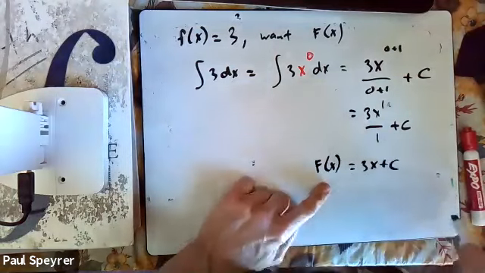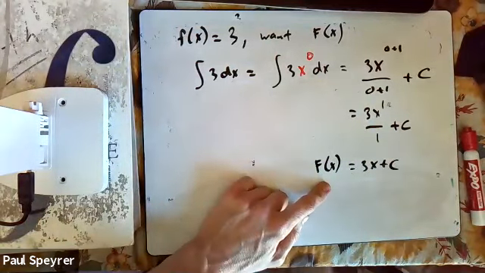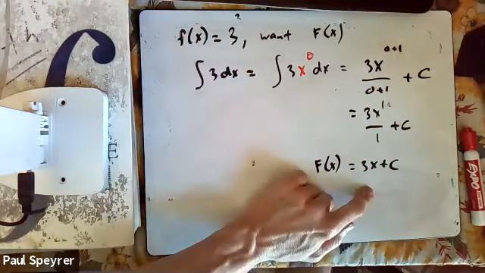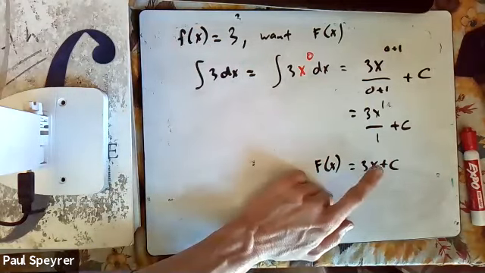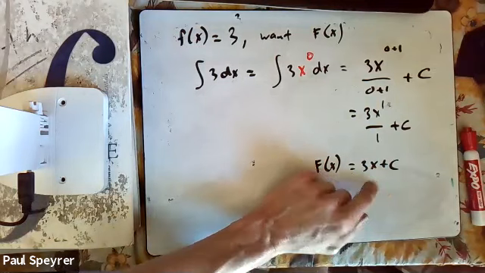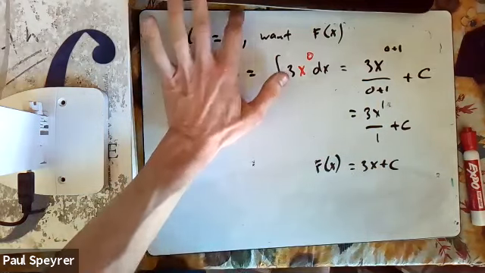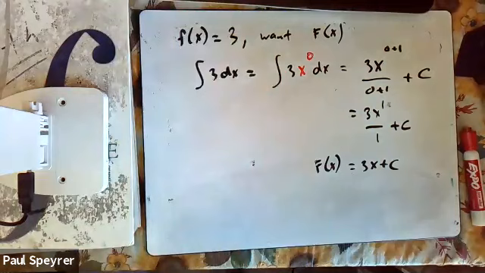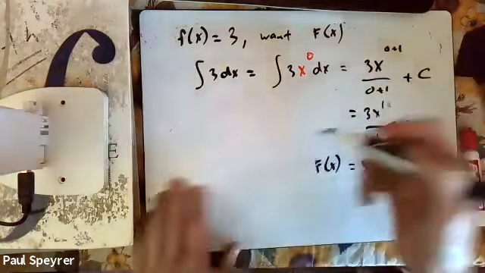And again, this is the general antiderivative of f of x. Does that check out? What's the derivative of 3x plus the number? It's just 3.